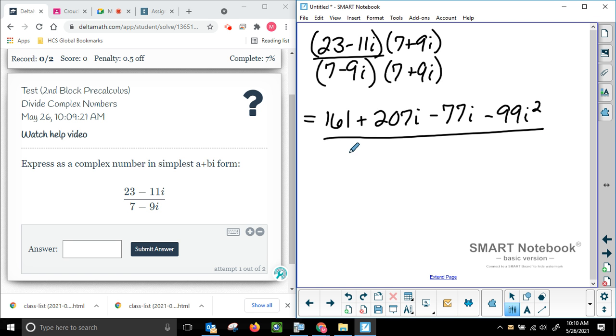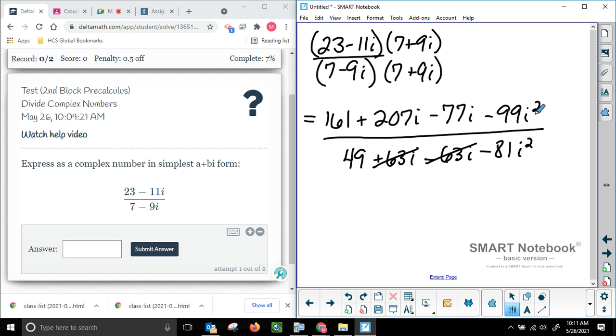And down below, we will have 49 plus 63i minus 63i minus 81i squared. Here the plus 63i minus 63i cancel.